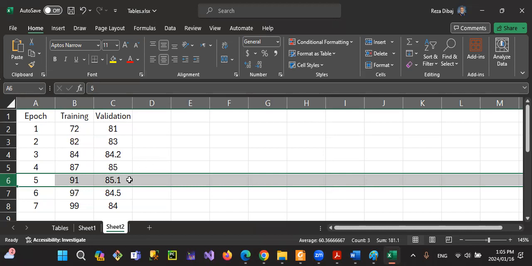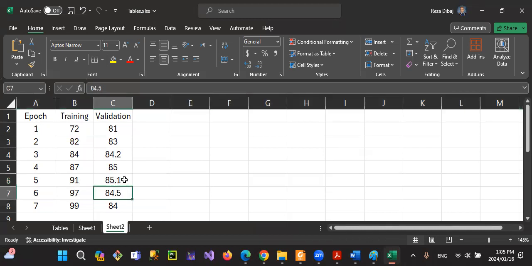Okay, imagine that Reza has chosen 6. In this round number 6, the result that we get is 84 point something, while in number 5 we had 85. It was better. So we went one round more. We already have huge overfitting.